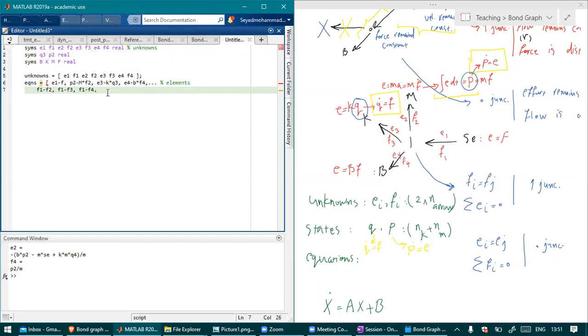So we get sigma E equals 0, which becomes E1 plus E2 plus E3 plus E4. There is no other element, there is no other junction. That's the set of equations that we wanted.